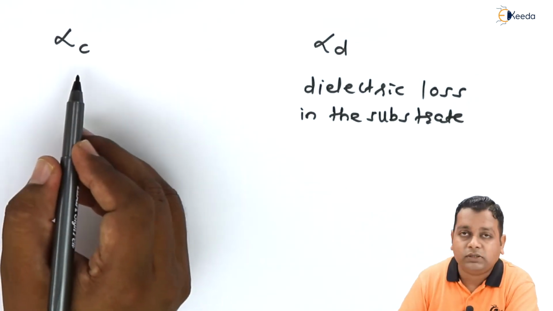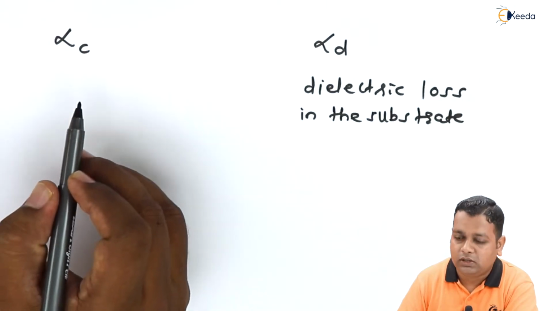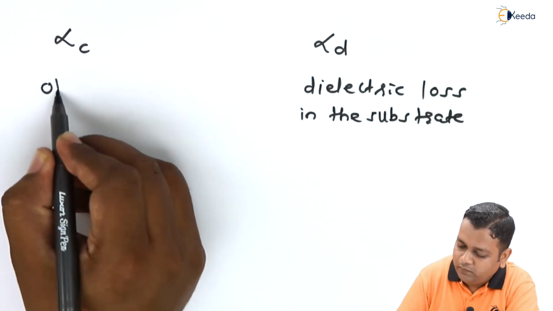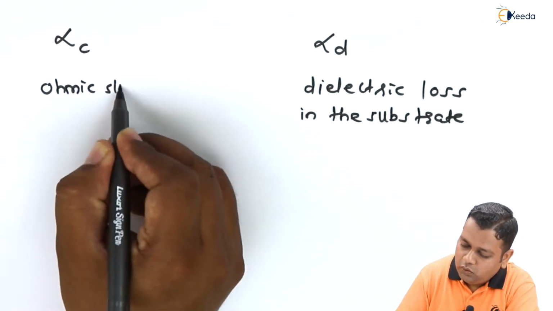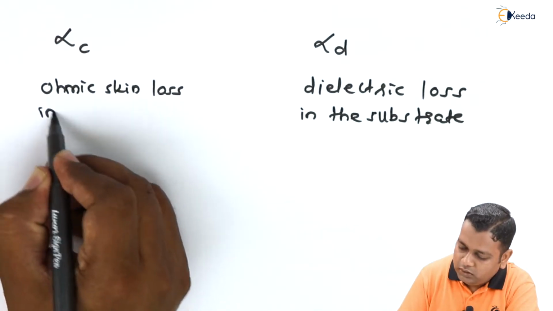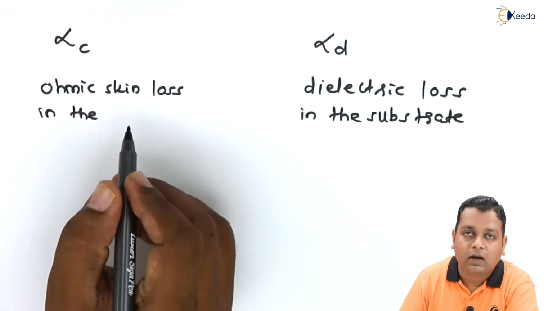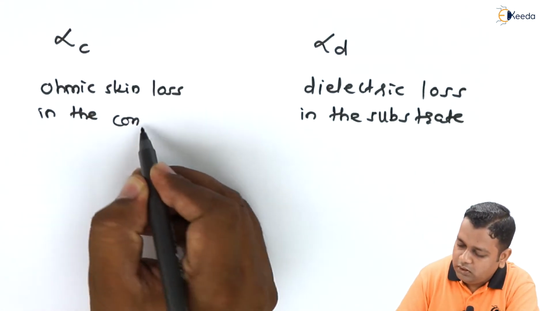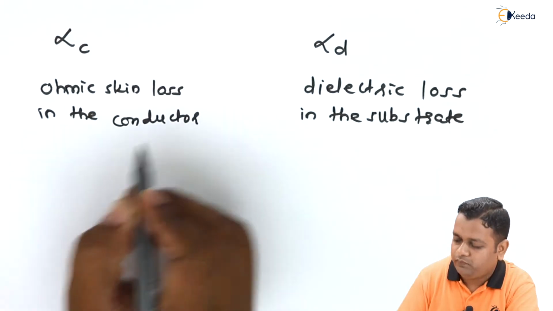Whereas alpha suffix C, because of the conductor material, is the ohmic skin loss in the strip conductor and the ground plane. So in the conductor only, I mentioned here.